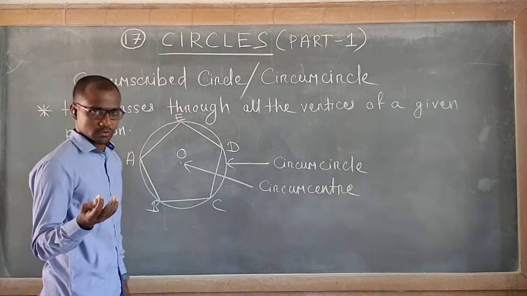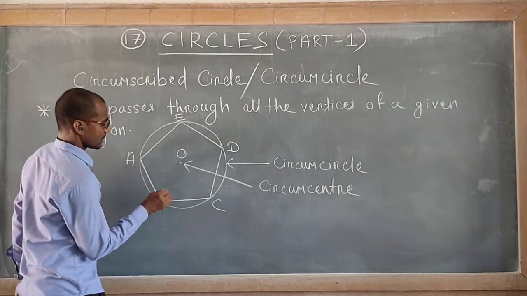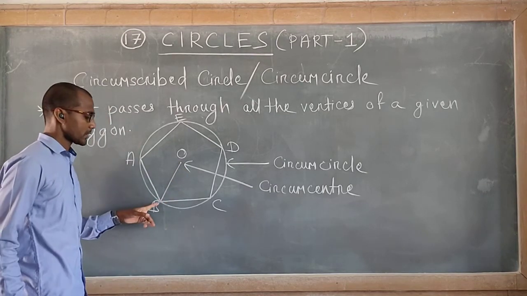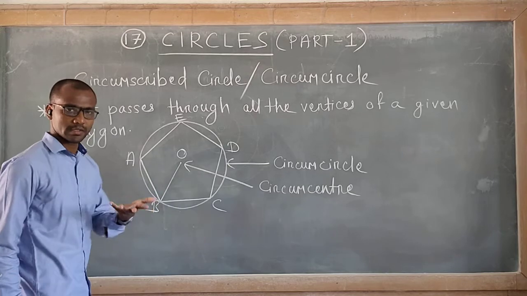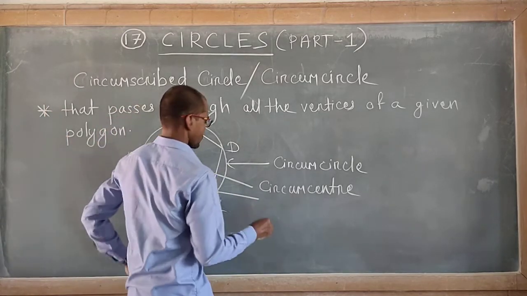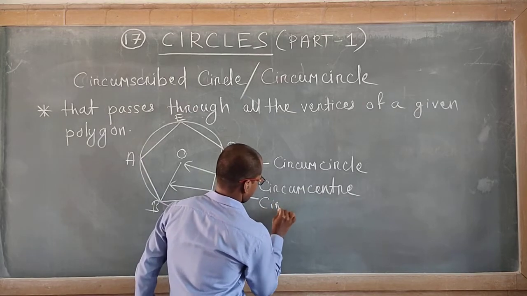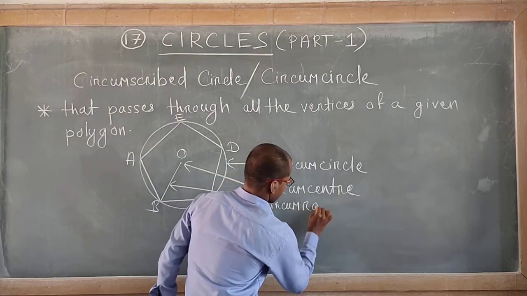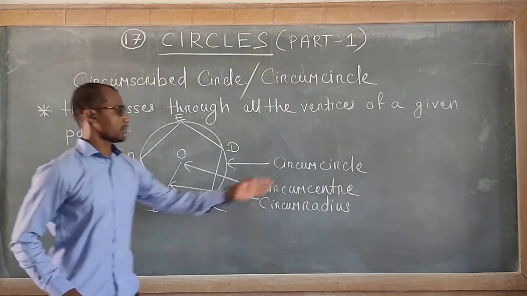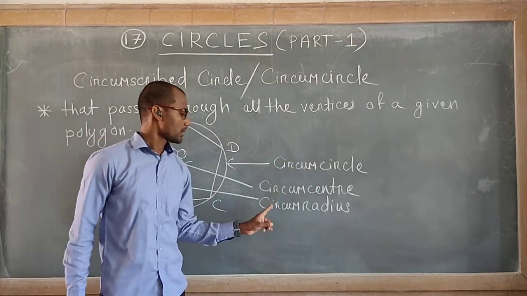Now this circle will also have a radius. Let us join OB. B is a point on the circumference. If we join OB, we will get the radius. This radius is called circumradius. Circumcircle, circumcenter, circumradius.